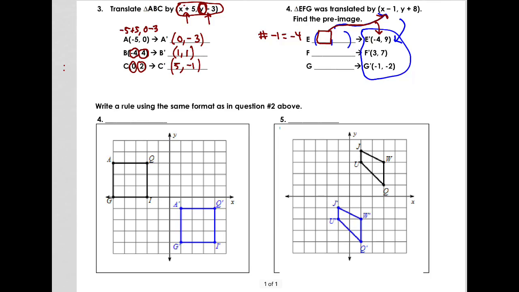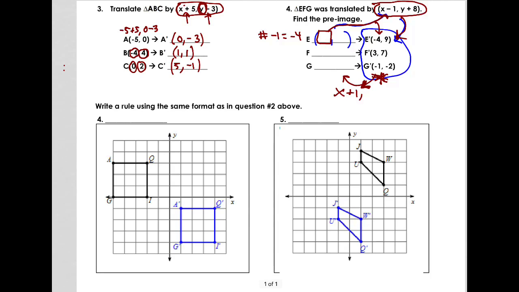Now, another way to do this quickly is to realize that if you have the answer, then you need to go backwards to get the pre-image. The rule that we have is always going to give us the image. To go backwards, all you do is invert the rule. So instead of x minus 1, to go backwards, we need to find x plus 1. So we can take the x and y values from our image and apply the backwards rule.